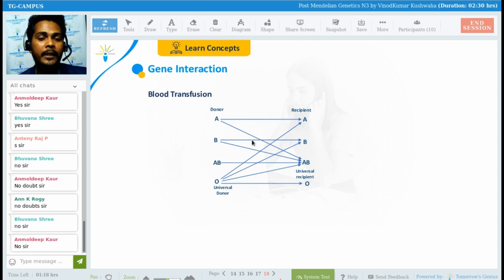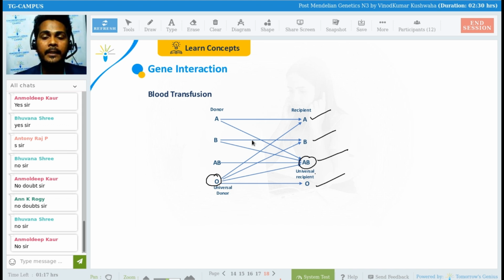So this person can donate to persons of all blood groups. Therefore, people with O blood group are called universal donors. O can donate blood to recipient A, recipient B, recipient AB and recipient O. They can donate to anyone.